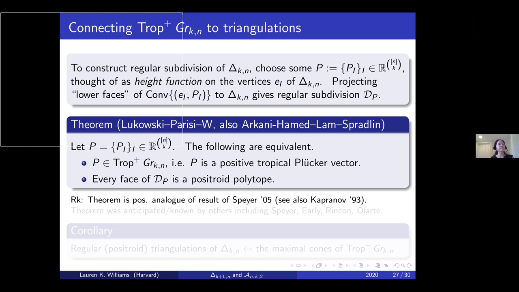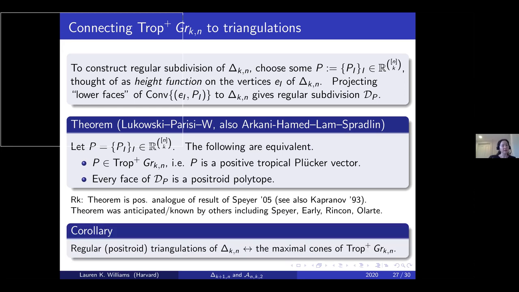Yes, as I mentioned, this is a positive analog of older results and was also anticipated or known by others, but hadn't been written down ahead of time. Okay, so what is the upshot? The upshot is we now have a way of relating the positive tropical Grassmannian to some kind of triangulations, and in particular to triangulations of the hypersimplex.